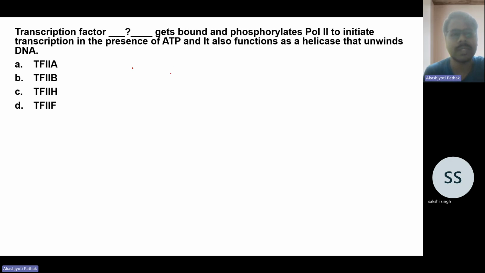Starting from transcription factor 2D, it helps in the recruitment of transcription factor 2A, then B, then G, F, H. So there are multiple transcription factors involved. This is actually a fact-based question, so we have to understand the initiation of transcription in eukaryotes.